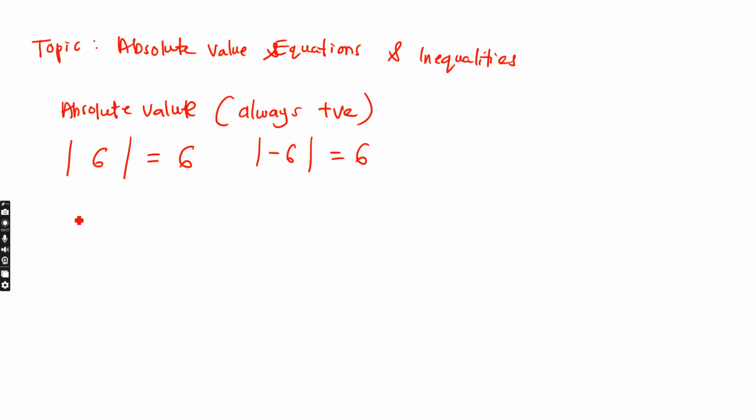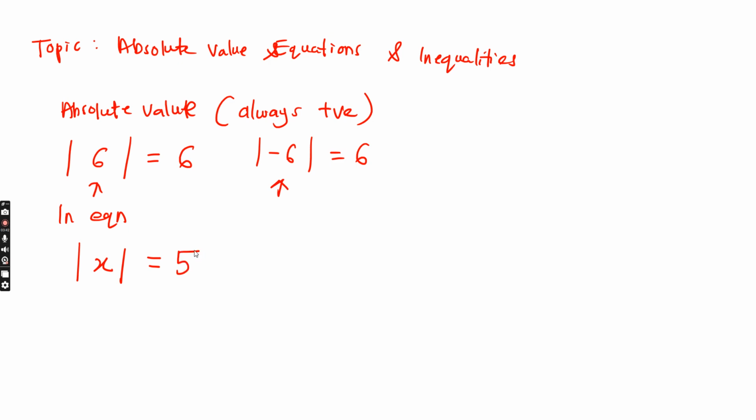Okay, sometimes in equations, what is inside the modulus doesn't have to be a number, it can be an equation as well. So let's say in the modulus we have the variable x, and when we make it an absolute value, it is equal to 5.